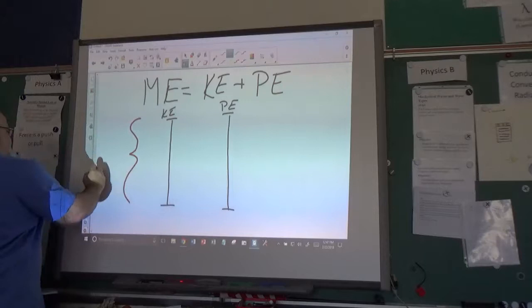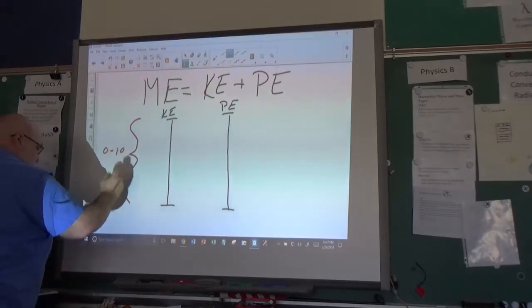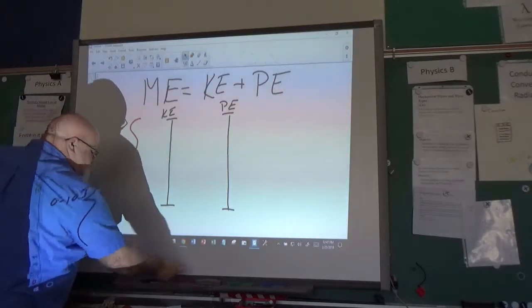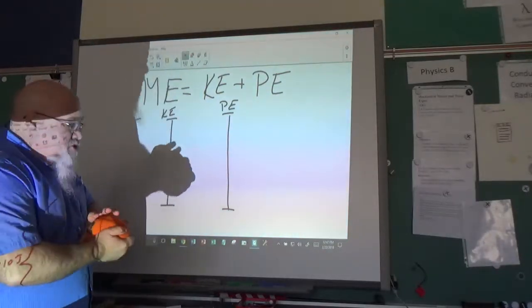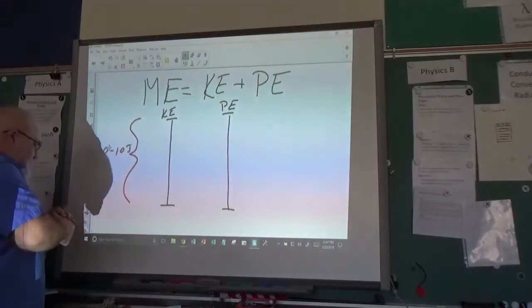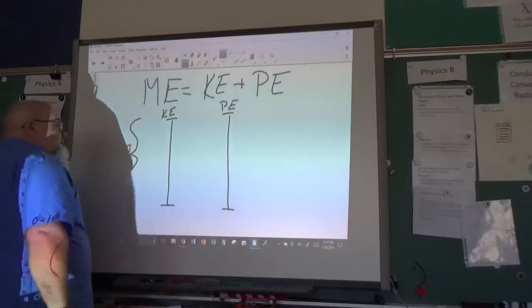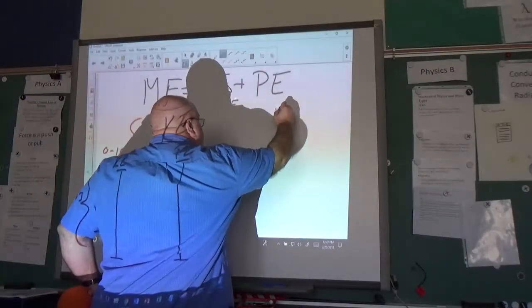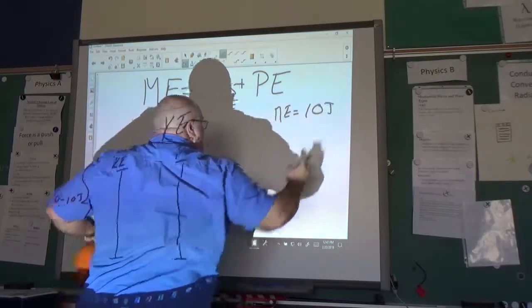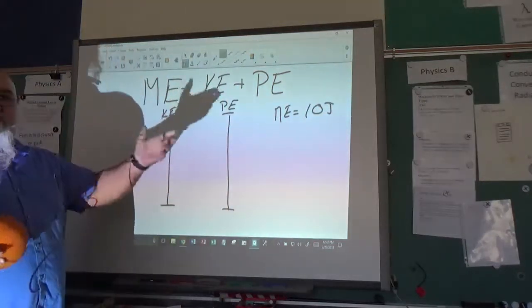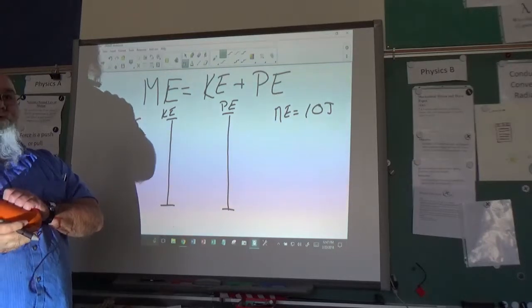And for now, we're going to measure it on a scale of 0 to 10 joules. This is just an arbitrary number I pulled out. So what it means, if my mechanical energy is 10 joules, if I add them together, they're always going to be 10 joules.